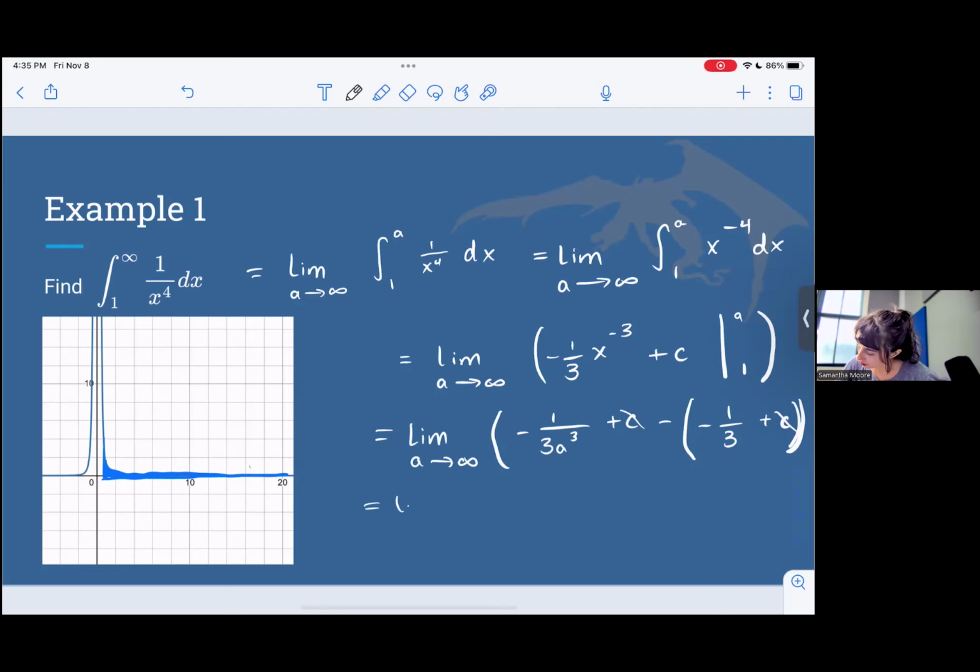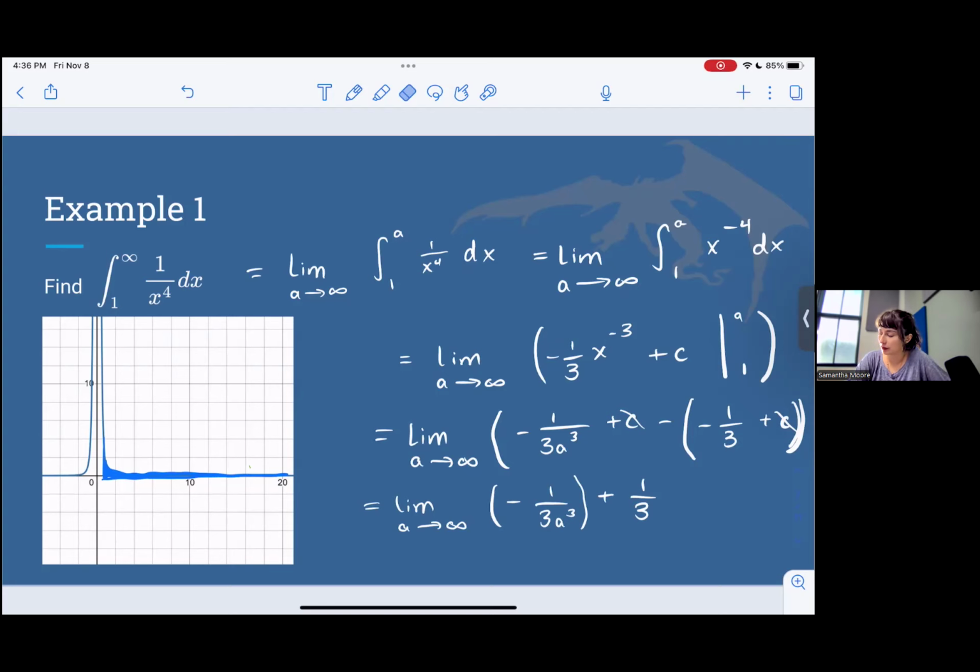I'm left with the limit as a goes to infinity of negative 1/3a cubed plus 1/3. Thinking back to our limit laws, I can move my 1/3 out of the limit.